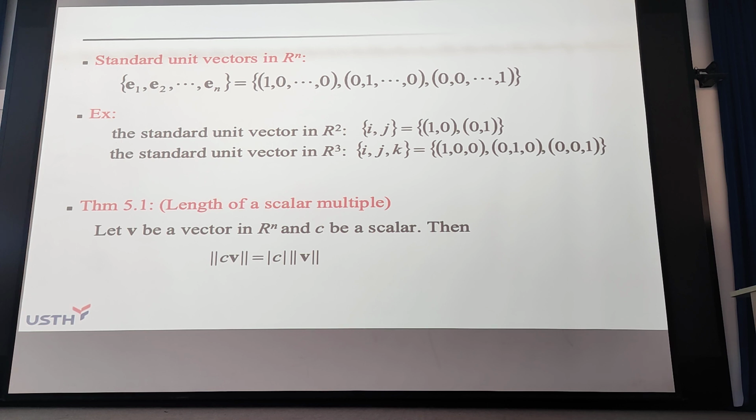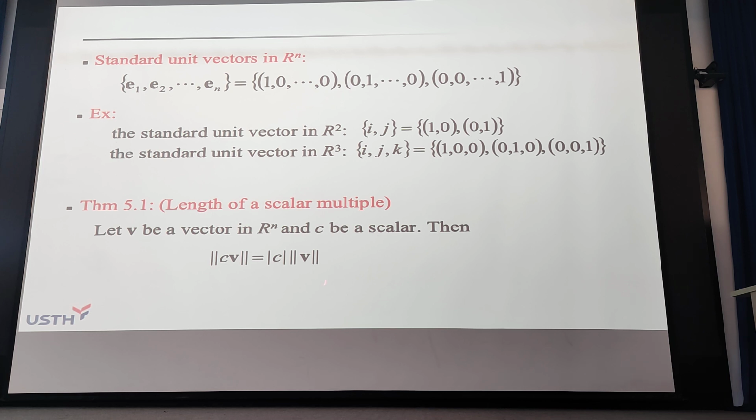Examples of standard unit vectors in the plane are i and j, and in R3 are i, j, and k. I believe that you already know what i, j, k are, because that is in the plane and in space.